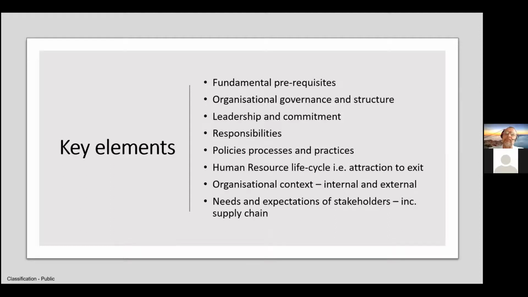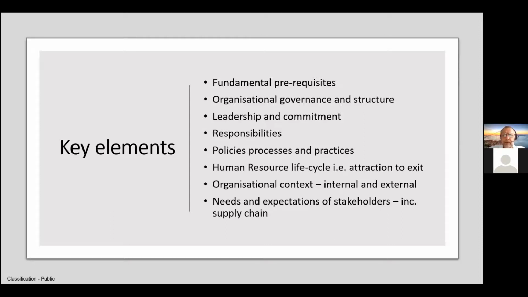So the standard explains at the beginning that unless you have these prerequisites, or are content to work towards putting them in place, the guidance is almost undeliverable. Thereafter, the main elements of the standard are about organizational governance and structure. So what do you need to have in place in order to make the whole thing workable?